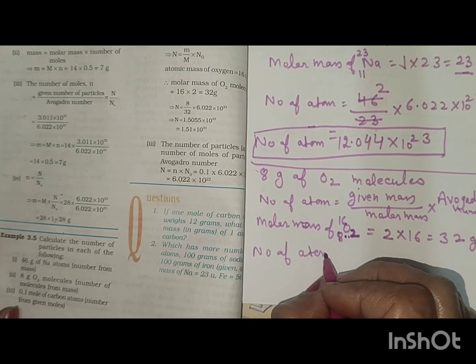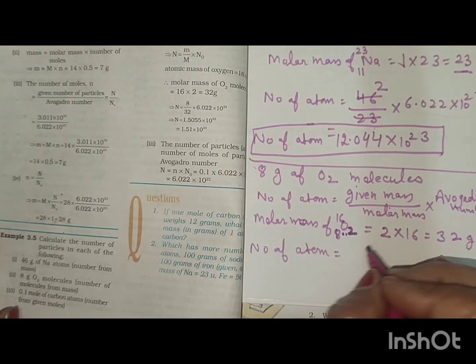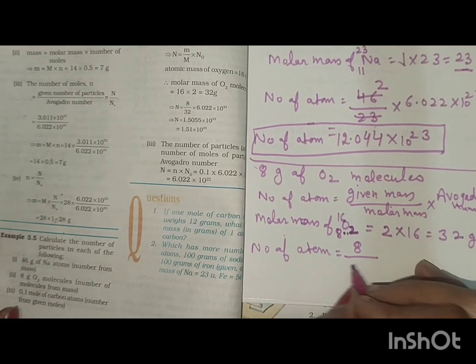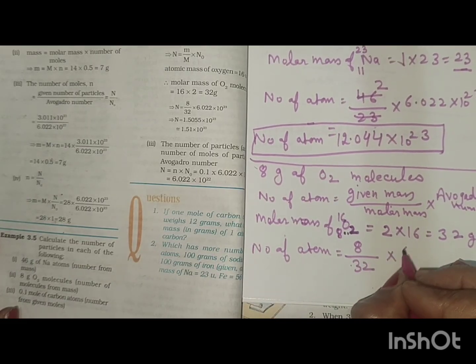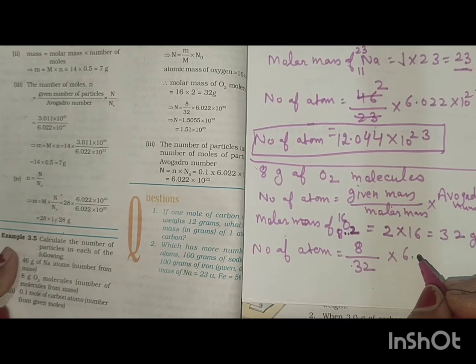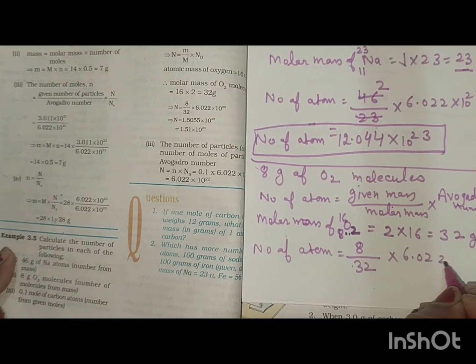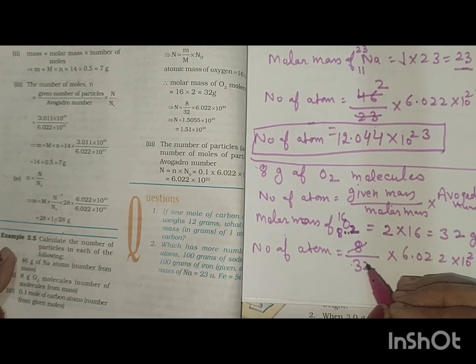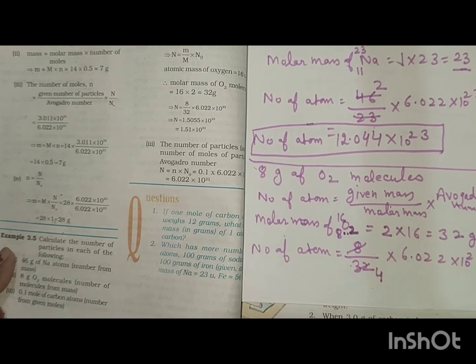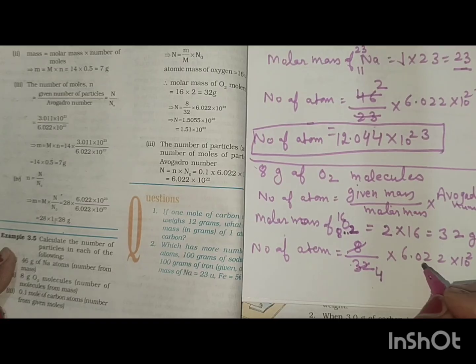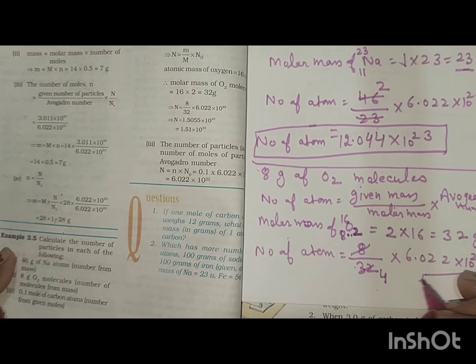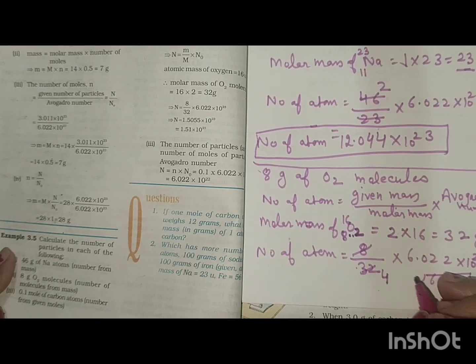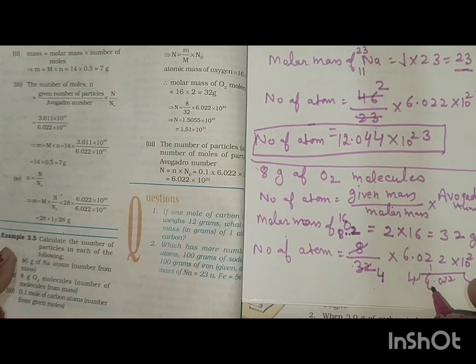Now find out the number of atoms. Number of atoms is equal to given mass 8 gram, molar mass 32, and Avogadro number 6.022 into 10 to the power 23. 8 divided by 32 is one fourth, and divide 6.022 by 4.